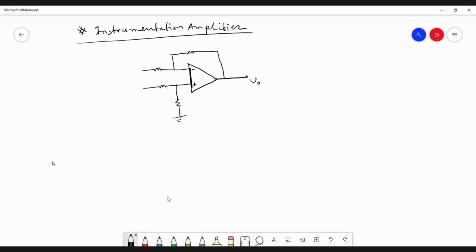So it was the difference amplifier. What we will do is insert a buffer circuit or voltage follower.